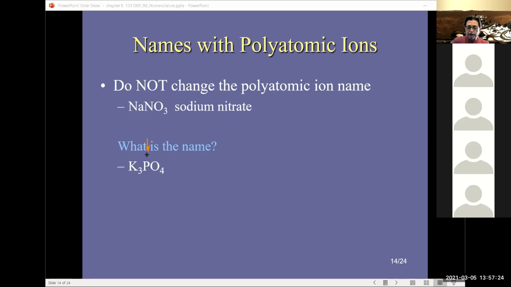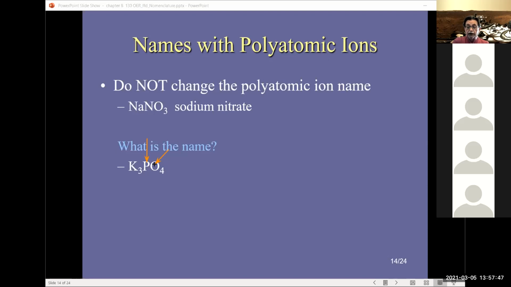Now, you might be tempted because it's phosphorus to say maybe I'm dealing with phosphide. However, look immediately to the right of phosphorus, and 99% of the time, you're going to find an oxygen sitting there. When that occurs, don't think phosphide single, think polyatomic ion.